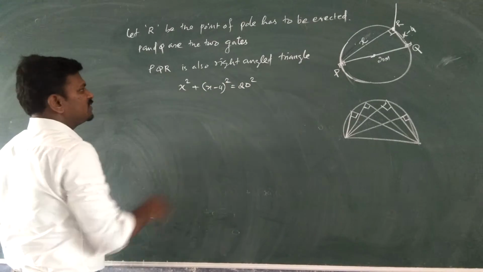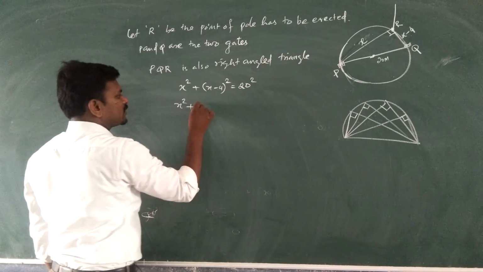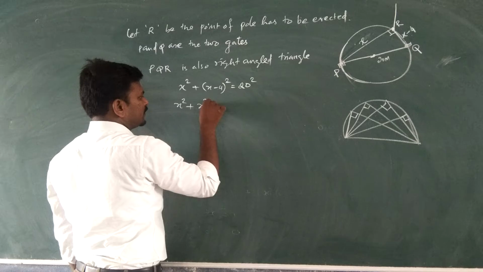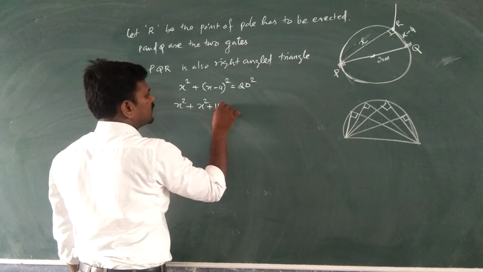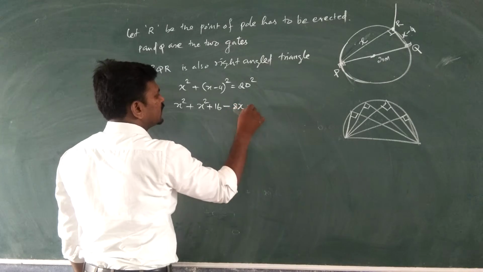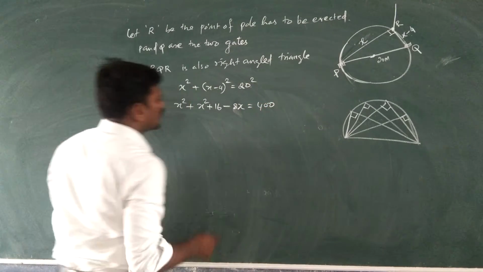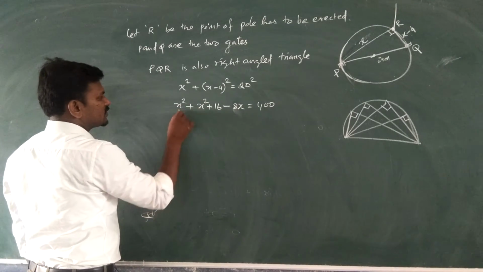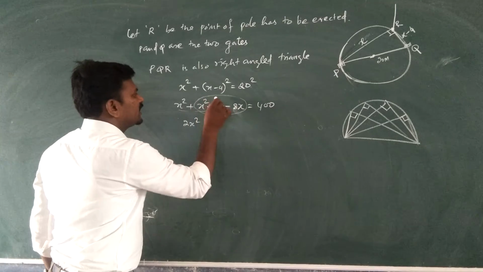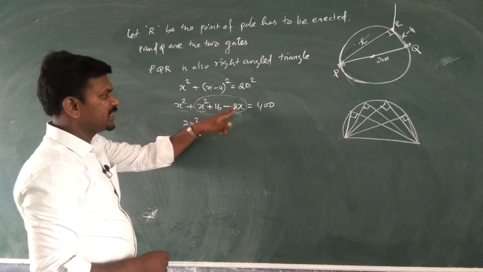Then we can expand using the identity (a minus b) whole square, a square plus b square minus 2ab.